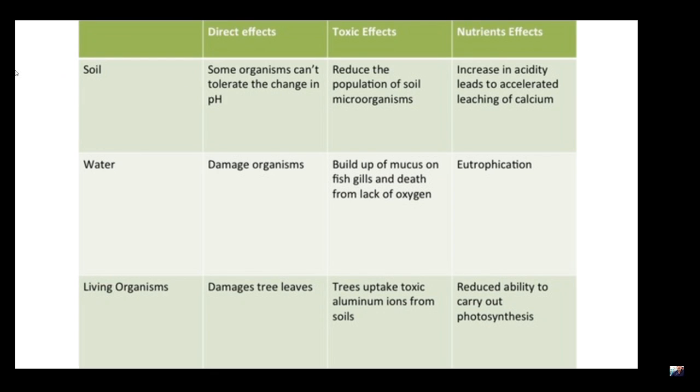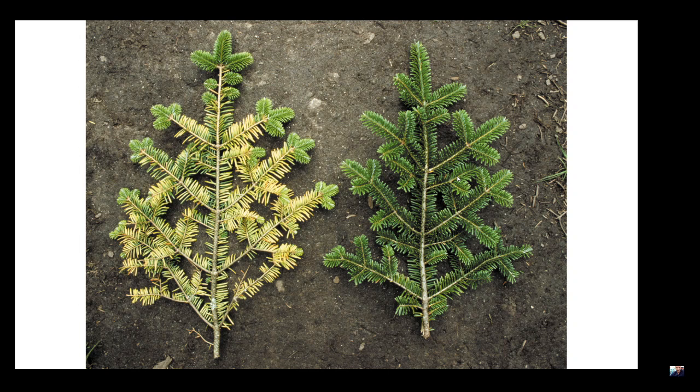Here's a nice little list of direct effects, toxic effects, and nutrient effects of what happens to each of these. I think your workbook actually has you write this. I'm not going to go through them, but use this as a guide on what the direct effects, toxic effects, and nutrient effects on water, soil, and living organisms are.